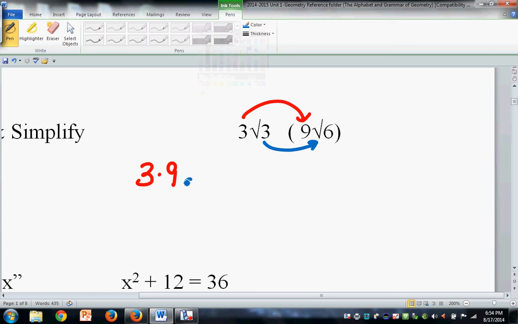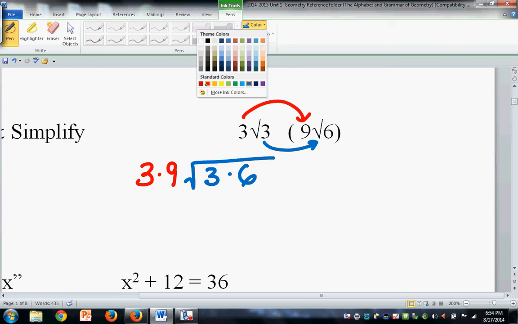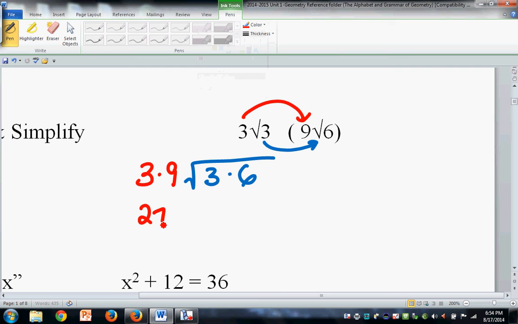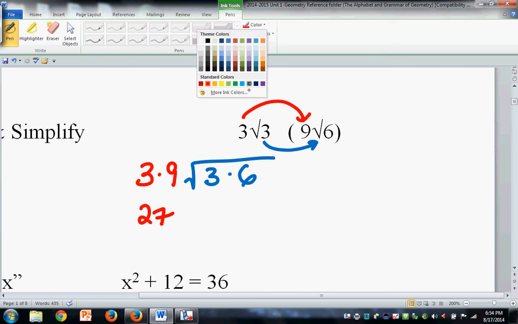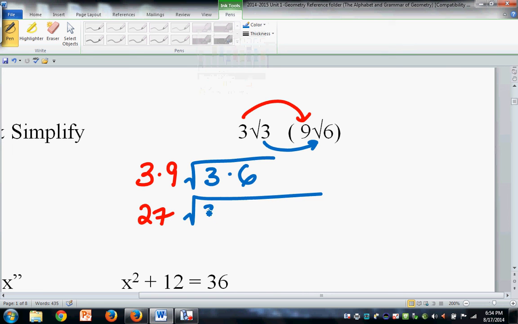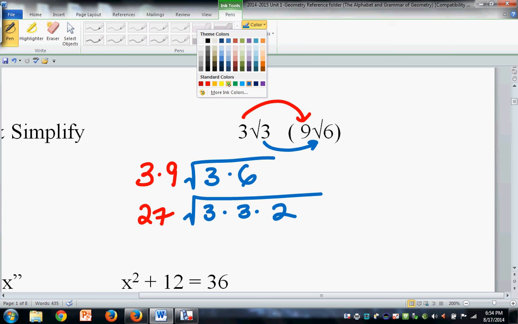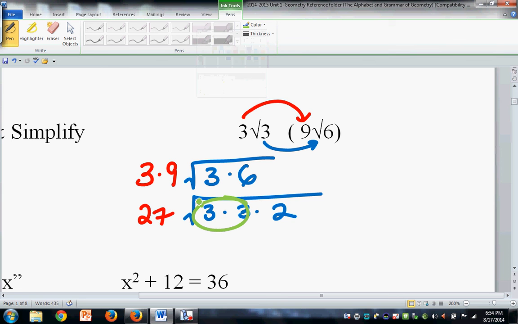We multiply the innies, square root of 3 times 6. Now we're going to break down that 3 times 6 a little bit. 3 times 9 is 27. I want to see if there are any pairs here. This is still 3, and then we have 3 times 2 for the 6. There is a pair, so we can pull out this 3 here. It comes out as a single 3, so I'm going to do 3 times 27.